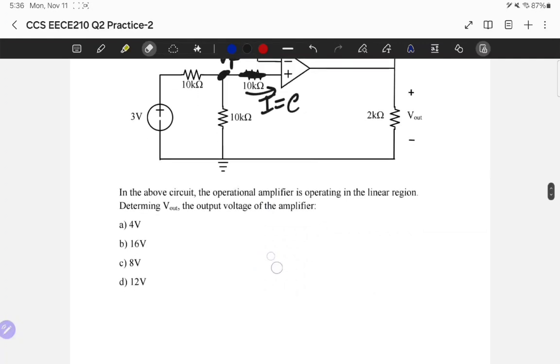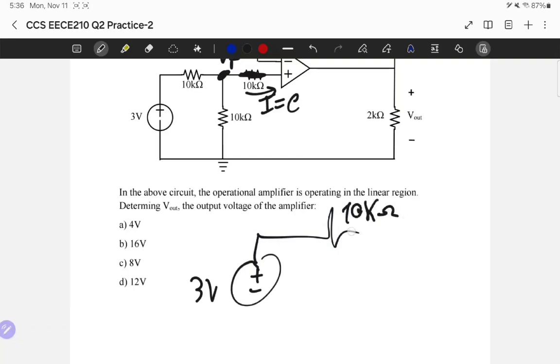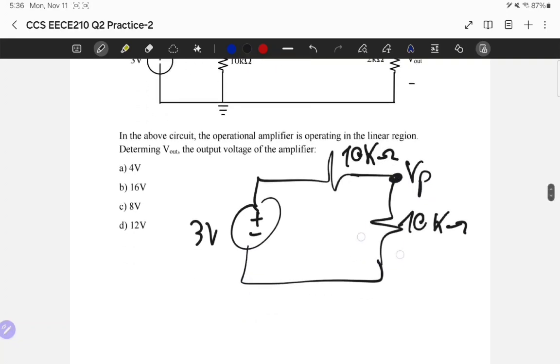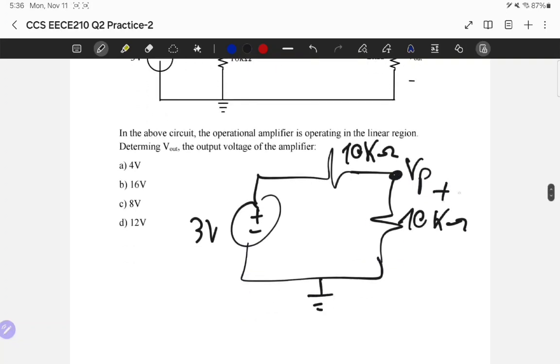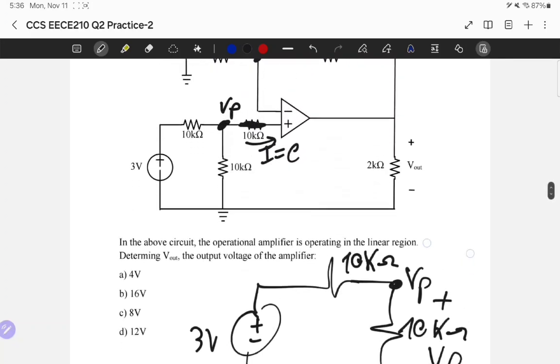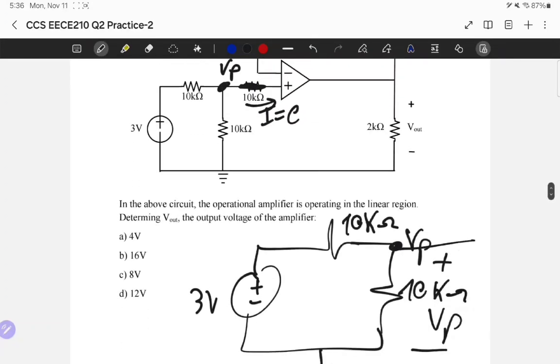So Vp, again, I have no current in here, I equals 0, so the circuit including Vp looks like this. It looks like plus minus 3 volts, 10 kilo ohms, and then another 10 kilo ohms, and my Vp is here, and I have a ground in here, so my Vp is plus minus Vp across this 10 kilo ohm resistor. Now, why did I do a branch like this?